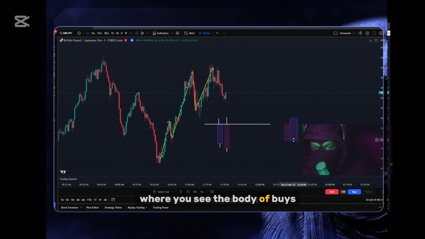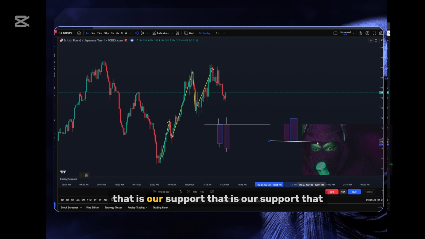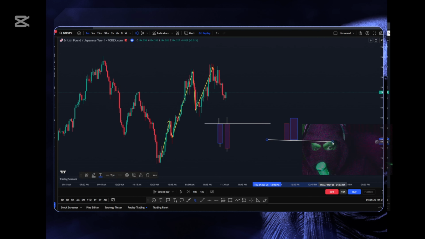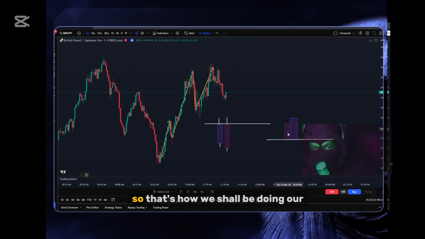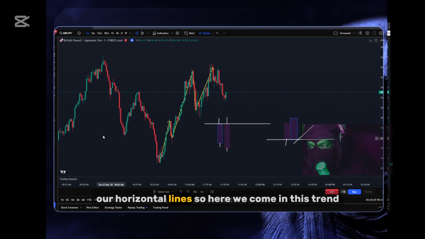Where you see the body of buys and sellers on the same level, that is our support zone. Okay, so that's how we shall be drawing our horizontal lines.